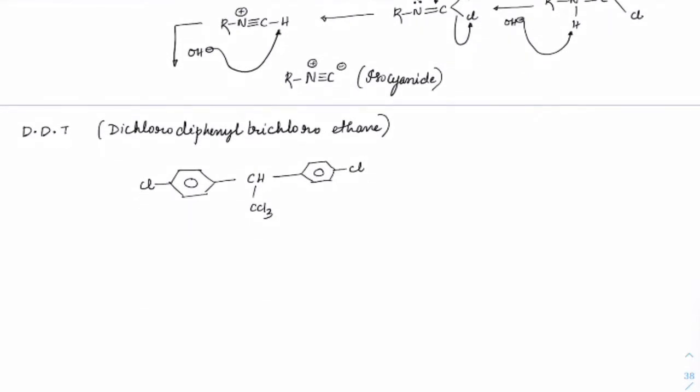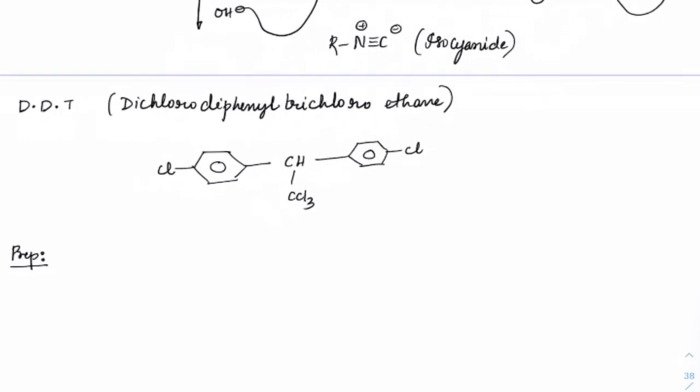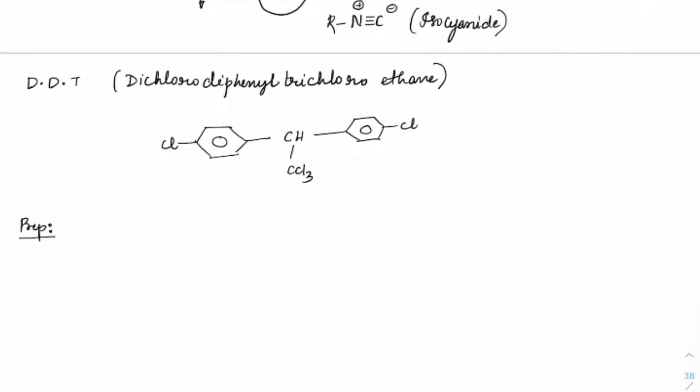So let's see how we can prepare DDT. To prepare DDT, we will take CCl3 C double bond O H, which is commonly called chloral.